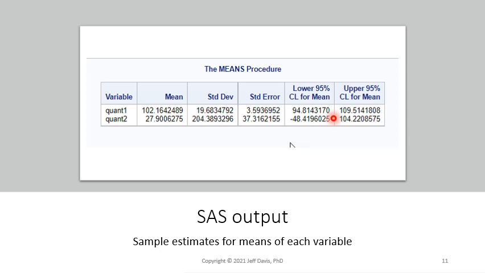Here, since it's a simulation, we can do that. But a lot of times, you won't have that information, so you wouldn't be able to make a direct comparison between this confidence interval and the population parameter.